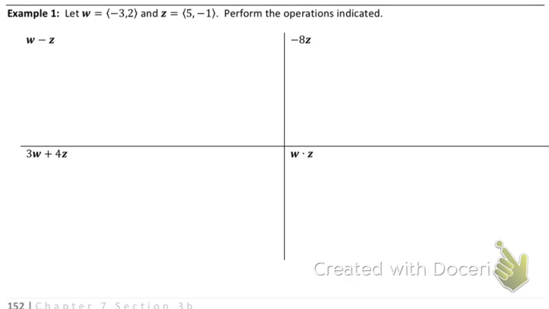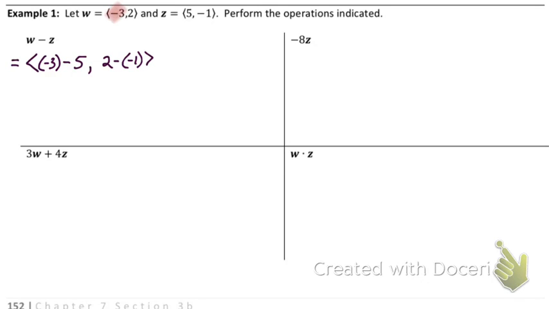So the first one says that take w and subtract z from it. So we're going to start with w and we're going to subtract z. So w is negative 3, minus the first one in z, so it would be negative 3 minus 5, comma, 2 minus the negative 1.